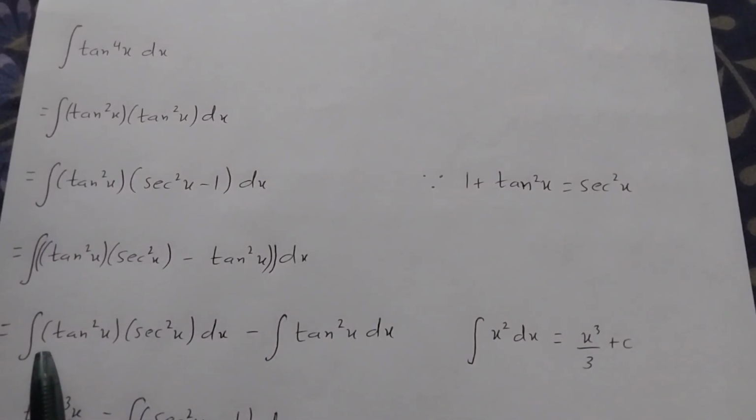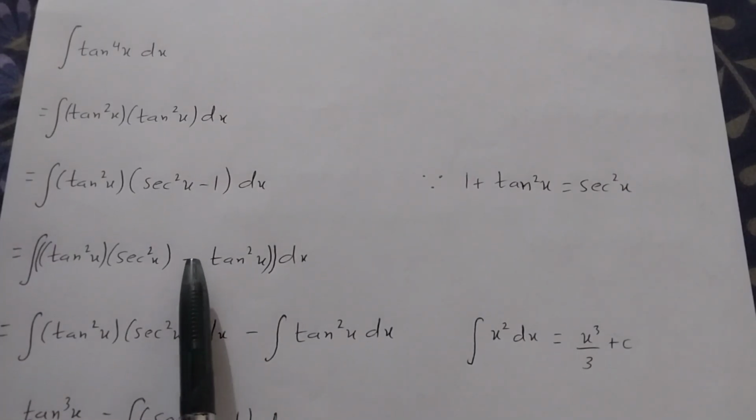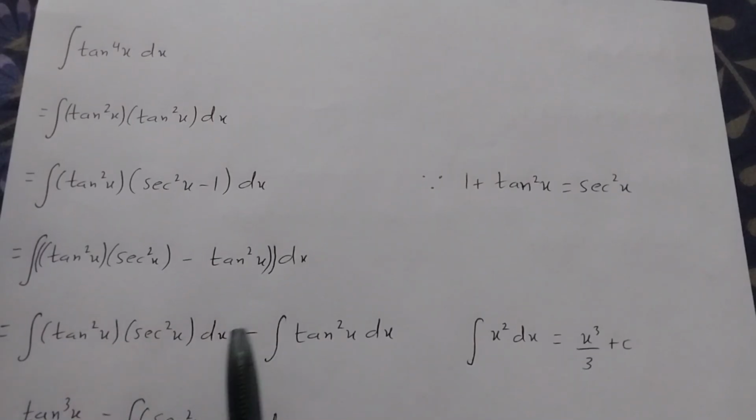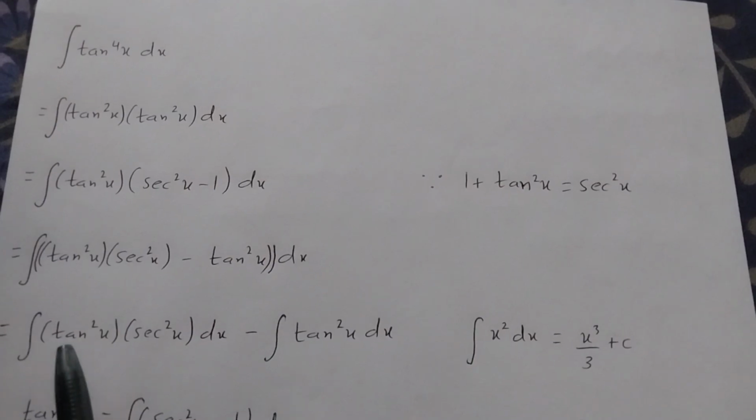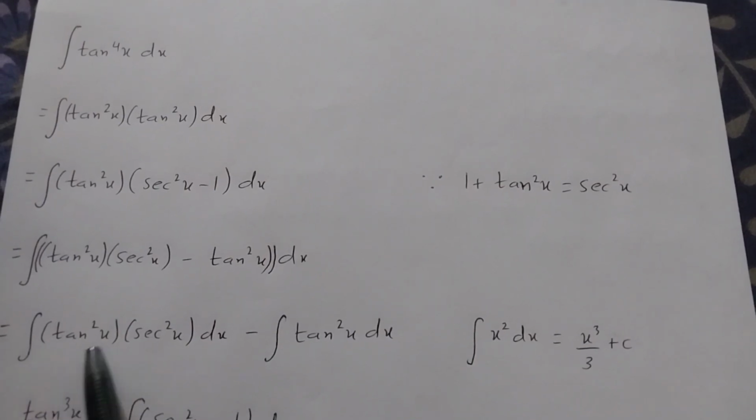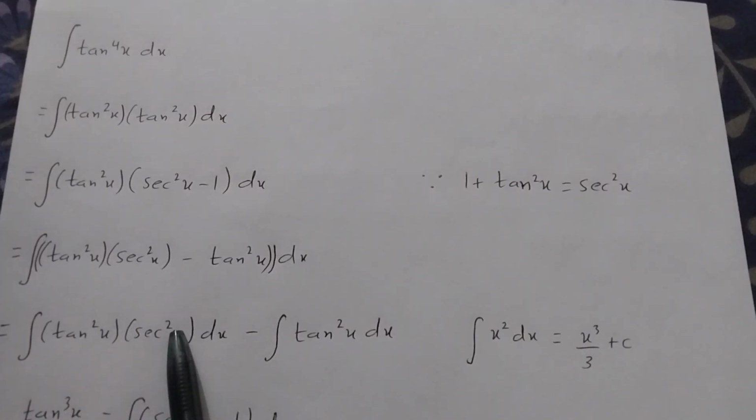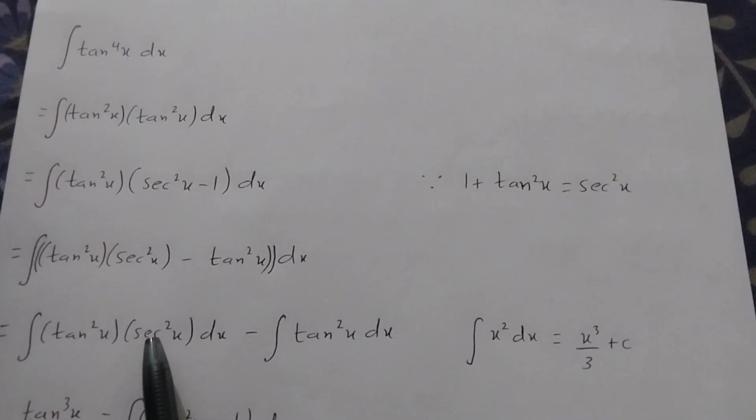So the first term will be integration of tan square x secant square x with respect to x, minus integration of this tan square x with respect to x. Now here we are integrating the product of tan square x and secant square x, but we know that secant square x is the derivative of tan x, and this is what helps us in integrating this product.